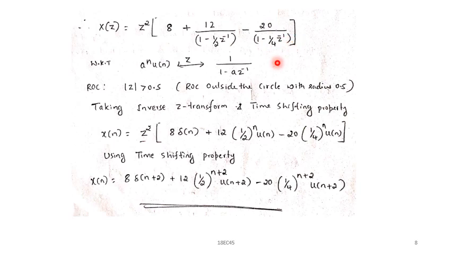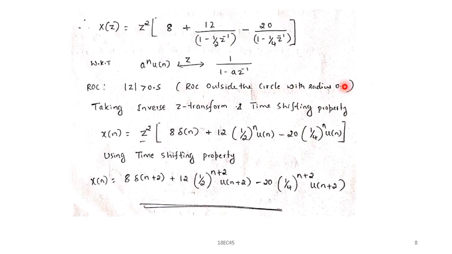And we know that the z transform of a to the power n into u of n is 1 by 1 minus a z inverse, and the given ROC is mod z greater than 0.5. So therefore the ROC is outside the circle with the radius 0.5 or 1 by 2.